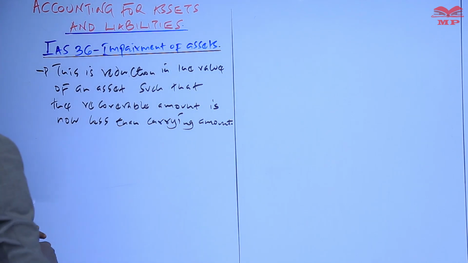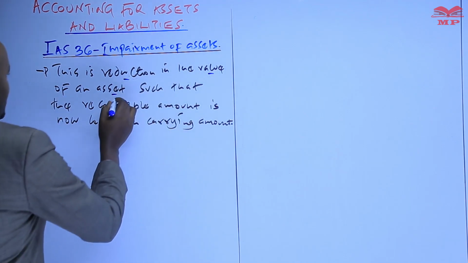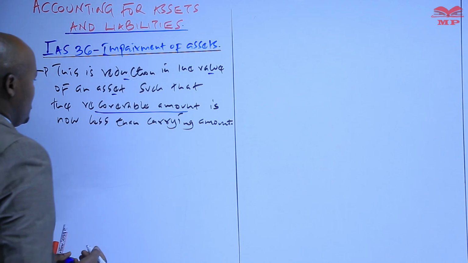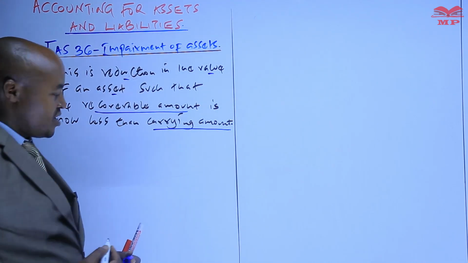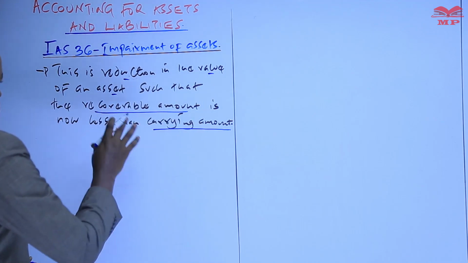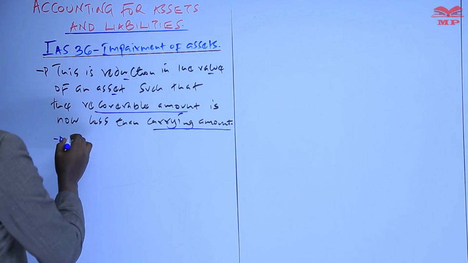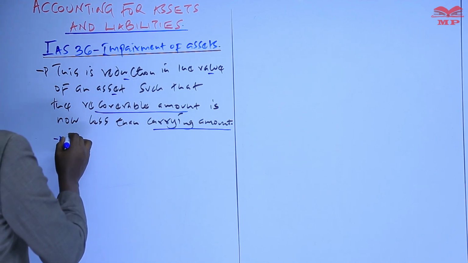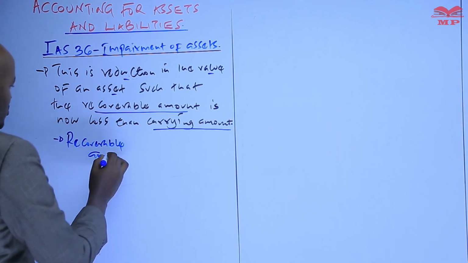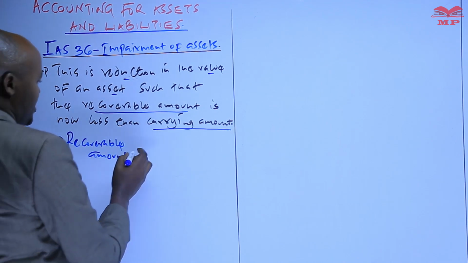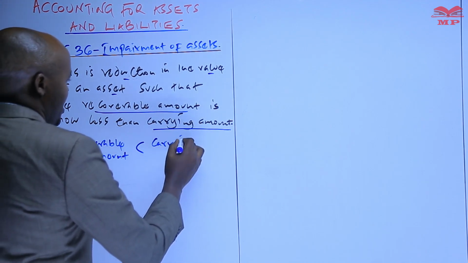So impairment is whereby the value of the asset will reduce such that the recoverable amount will be less than the carrying amount. Generally, therefore, what is important for you to know is that an asset will be said to be impaired if the recoverable amount of an asset is less than the carrying amount.